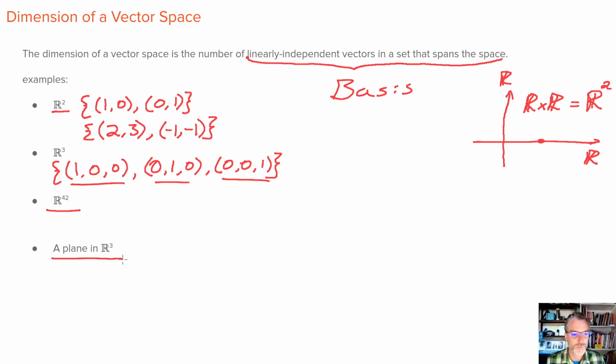So this has dimension 2. It's really just a copy of R2, what's called embedded in R3. So you take that plane, you can move it around in R3, you don't change the dimension of the space.